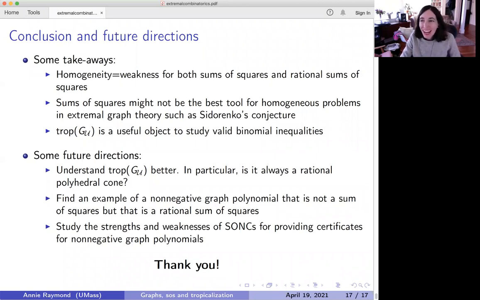I think that's more of a question for me to you: what are some conjectures that you know of in extremal graph theory that really end up being binomials? Because I know of some, but I am not the most deeply connected person to the extremal graph theory community. So if you know of any binomial inequalities that you think are interesting, I would love to hear about those.